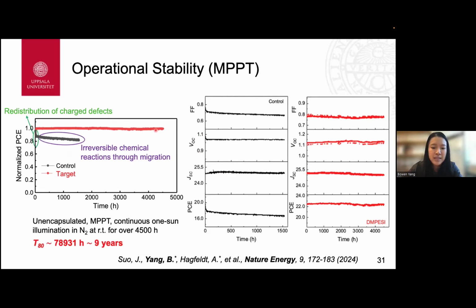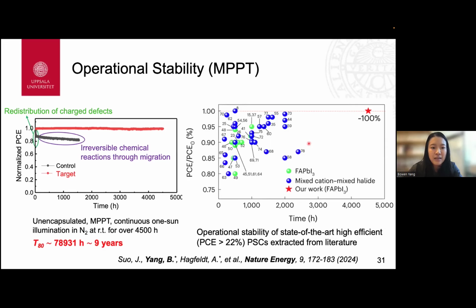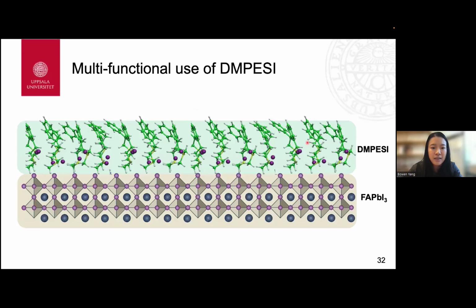So this makes our treated devices among the most stable ones reported so far, and meanwhile with high efficiency at the same time. We attribute this excellent stability of the DMPSI treated devices to the multifunction of the sulfonium molecule.